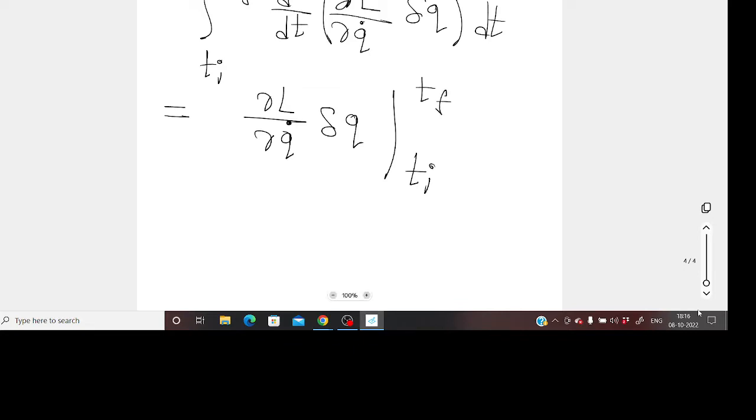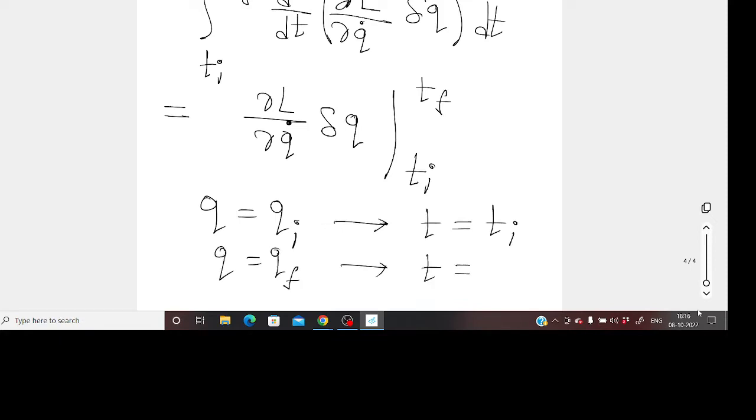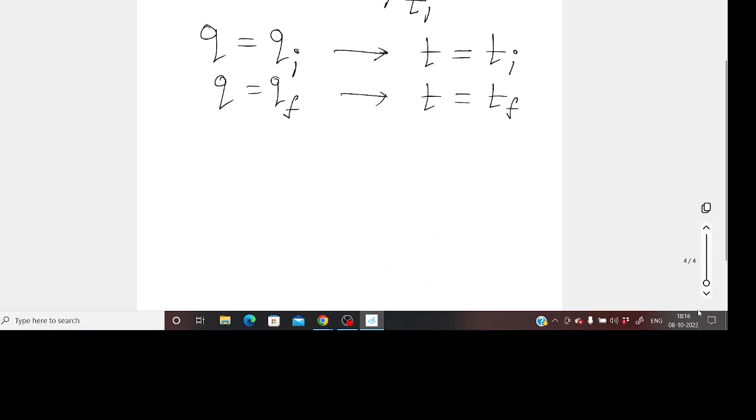Now I have told before that q equal to qi for all the paths at t equal to ti and q equal to qf for all the paths at t equal to tf. So what is the value of delta q at t equal to ti?